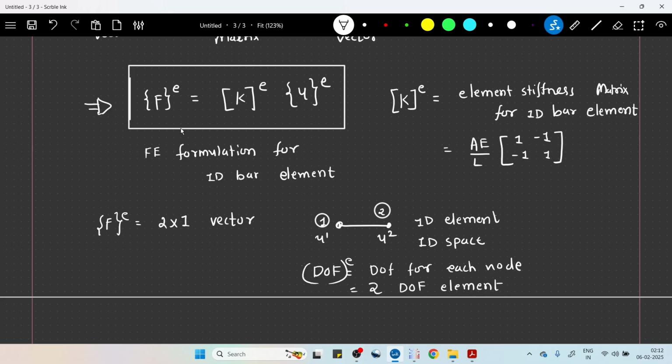So for that, f is going to be a 2 by 1 vector. The element stiffness matrix K is nothing but 2 by 2. Similarly, the displacement vector u is again a 2 by 1 vector.